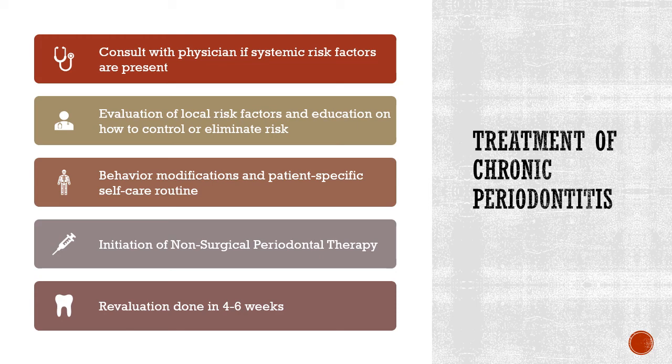We will initiate non-surgical periodontal therapy, and a reevaluation will be done in 4 to 6 weeks. At this time, if the patient responds well to the non-surgical periodontal therapy, perio maintenance would be appointed. If those sites are non-responsive, this is when we would refer on to a periodontist for surgical intervention.